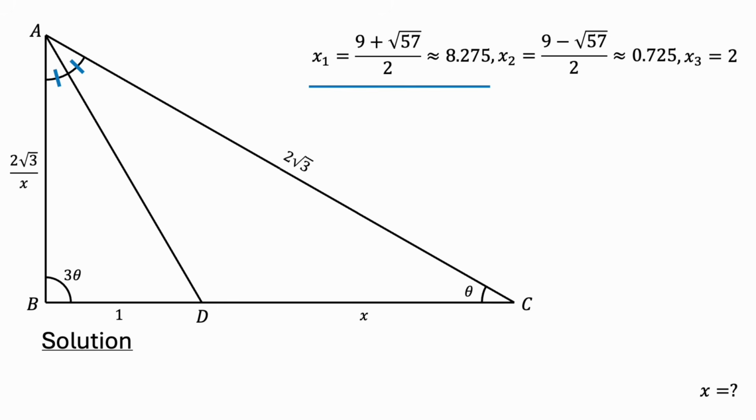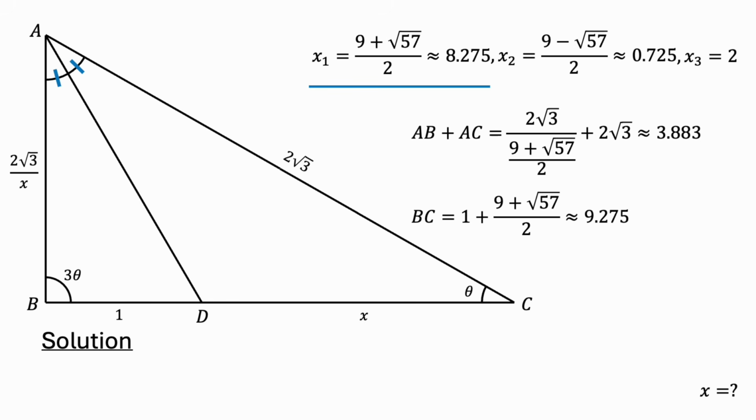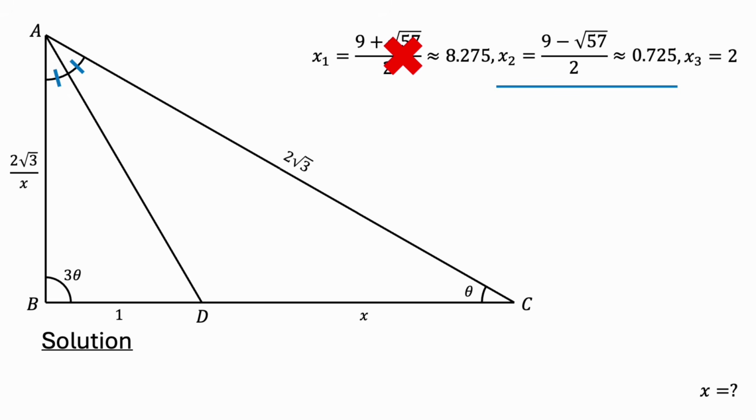For x1 equals 9 plus square root 57 over 2, AB plus AC is approximately 3.883, while BC is approximately 9.275. Then AB plus AC is less than BC, which violates the triangle inequality, so we reject x1. For x2 equals 9 minus square root 57 over 2, we have x2 is less than 1, and so 1 over x2 is greater than 1.